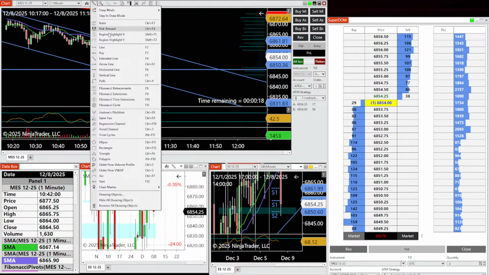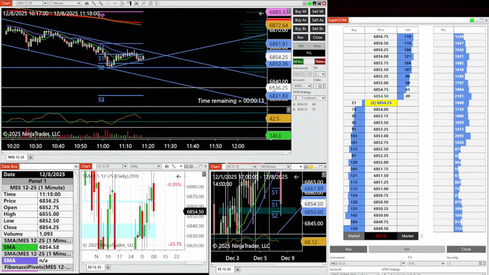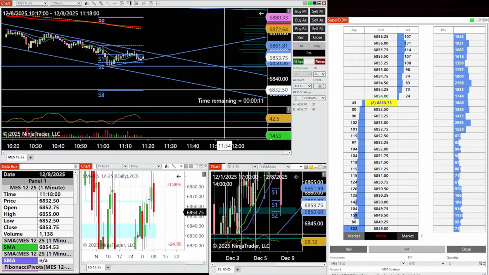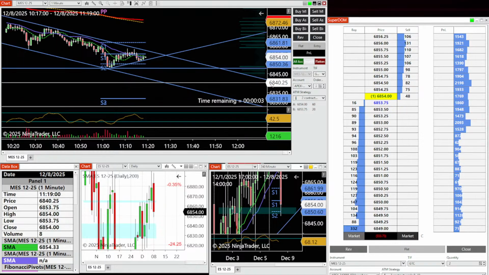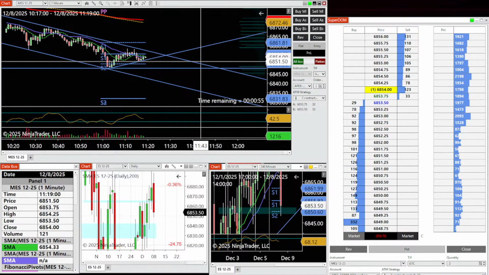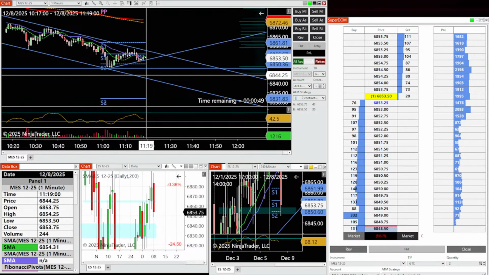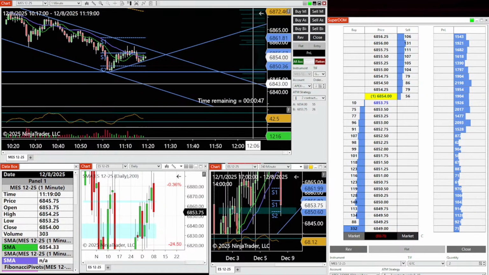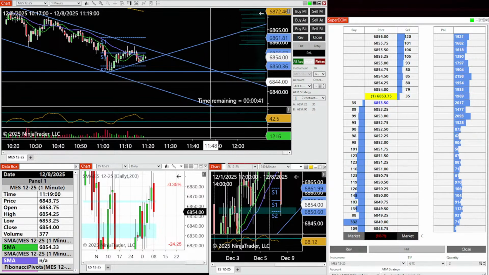Here we go. Are we going to start an uptrend? Is this the start of an uptrend? Got a bounce at 52, up into 54, like a 2-point bounce.